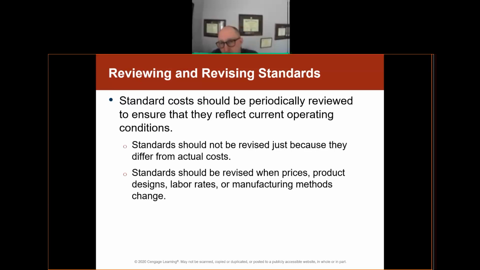And as managers, we need to continually review these standards, review these costs. We know that direct materials, direct labor, and factory overhead change over time. It's pretty static for the most part. I mean, within 12 months, I can reasonably say my hourly rates are going to be the same. Within 12 months, I can reasonably say my price for direct materials won't change.